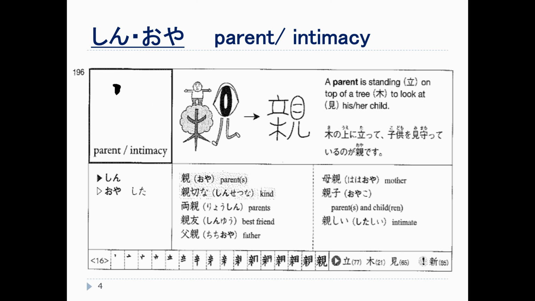So we have this part that we had in atarashi on the left, and then on the right we have miru, because your ryoshin are always watching you, desu ne. So we start with that part from atarashi, and then miru is on the right.